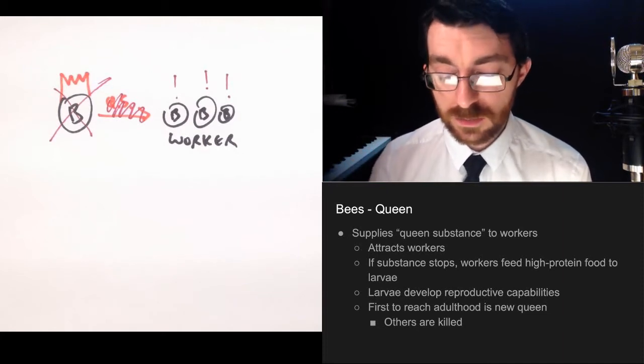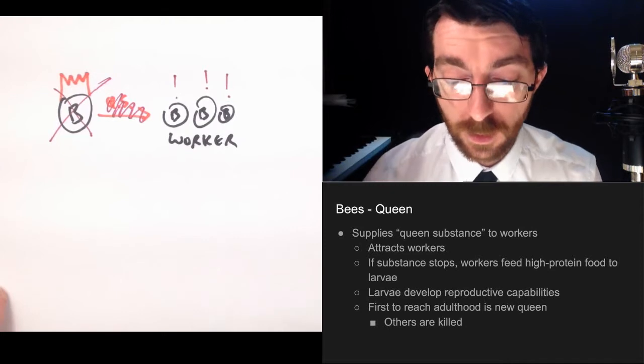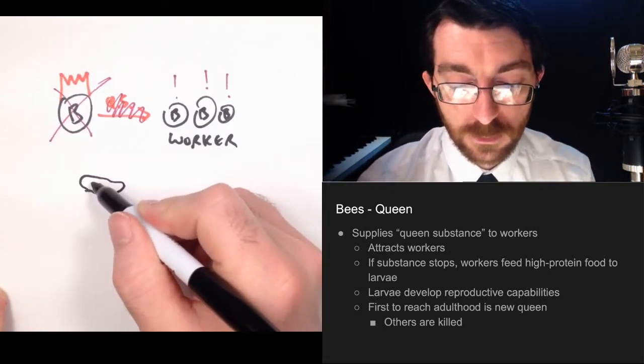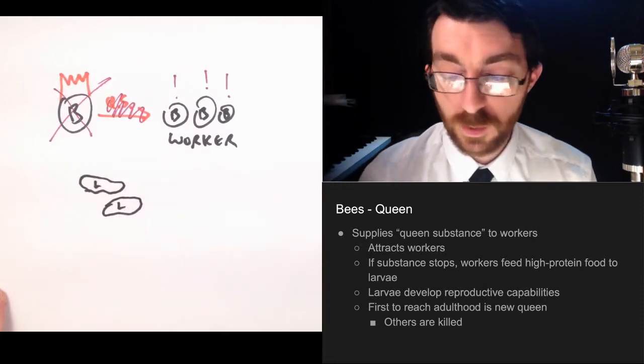Remember, the workers are the ones who take care of the larvae. So let's say we got little baby bee larvae. Oh, little larvae, aren't you so cute?